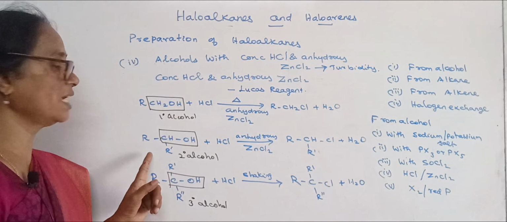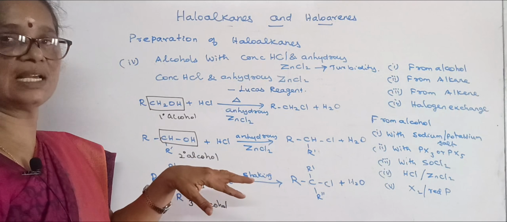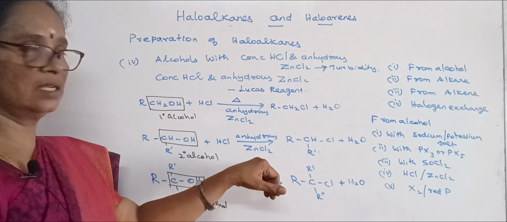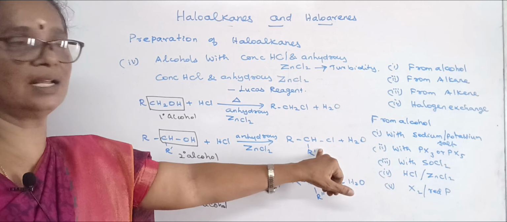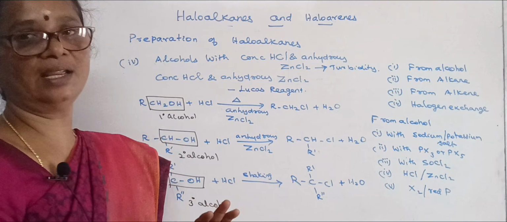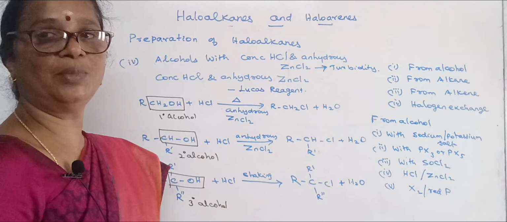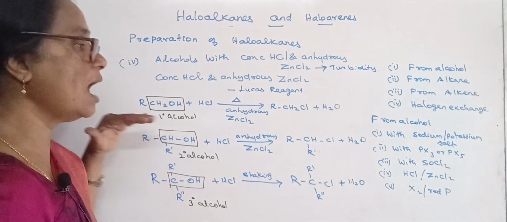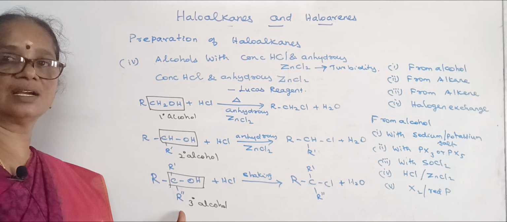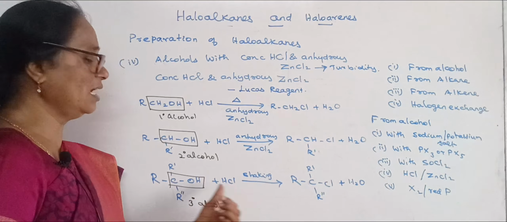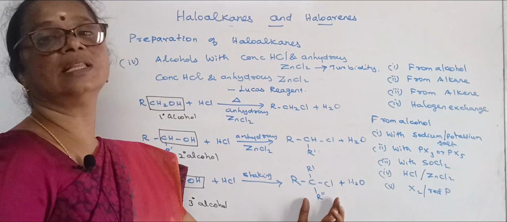But secondary alcohol reacts with HCl at room temperature itself in presence of anhydrous zinc chloride and forms the secondary alkyl halide. But the formation of turbidity takes a little time, about 5 to 10 minutes at room temperature. But in the case of tertiary alcohol, by simply shaking with hydrochloric acid, the turbidity appears immediately.